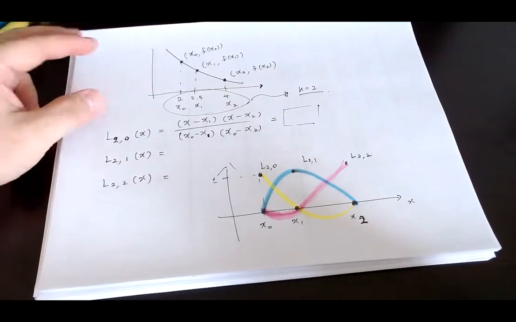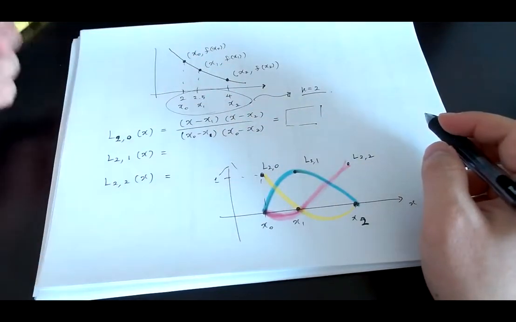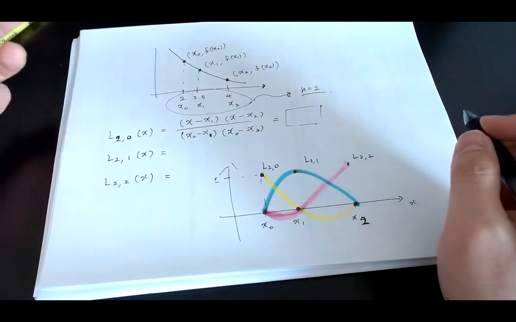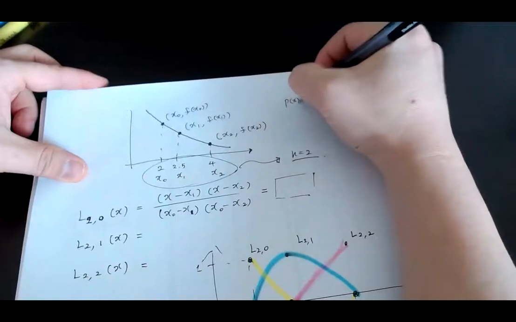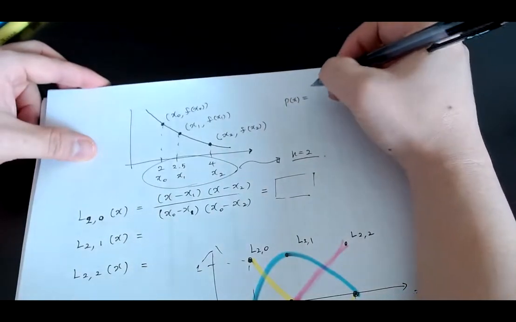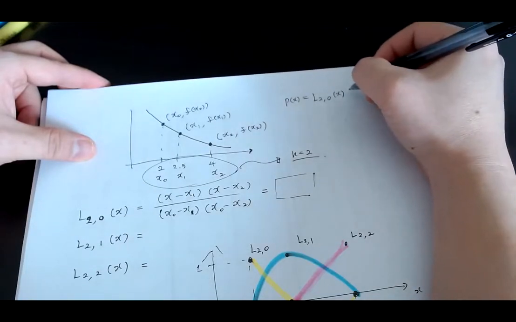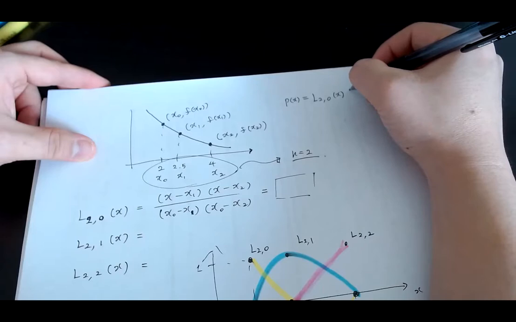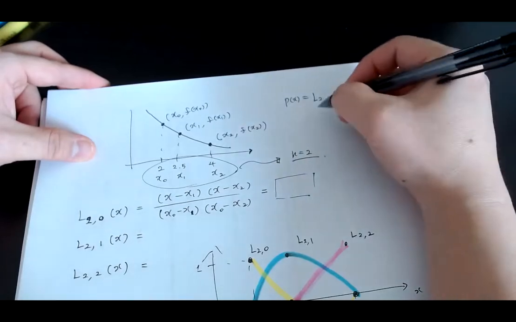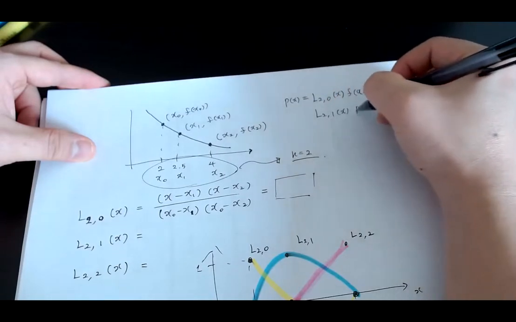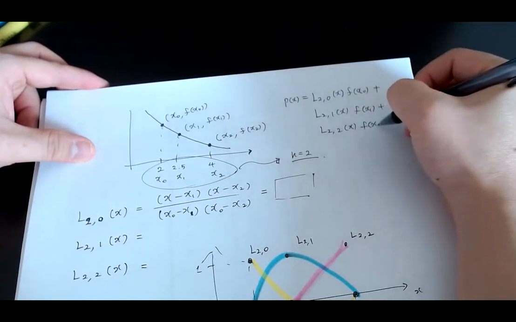Okay, so using a combination of three Lagrange interpolating polynomials, we construct the P of x. In this case P of x is going to be what? L2,0 of x times f of x naught plus L2,1 of x times f of x1 plus L2,2 of x times f of x2.